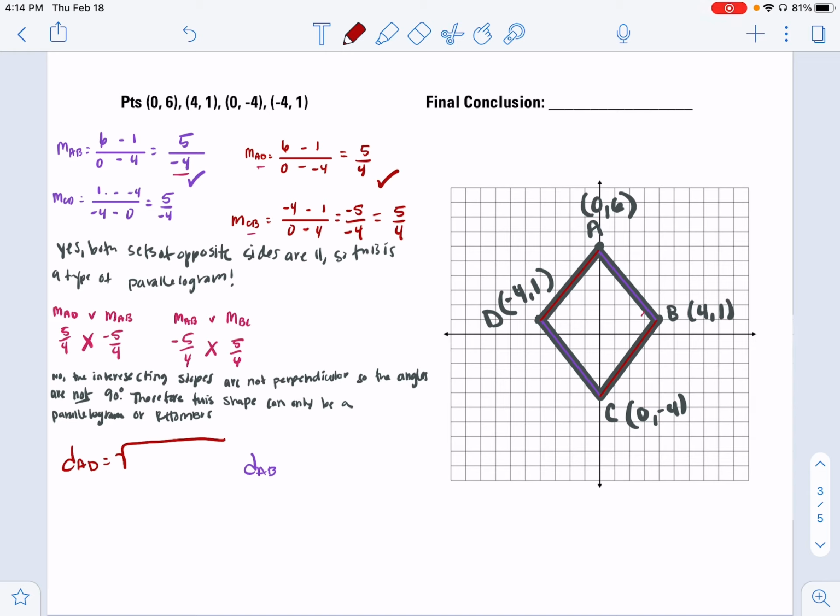So for AD, my change in X is between 0 and -4, that's 4. My change in Y is between 6 and 1, that's 5. That's going to give me 16 plus 25, which gives me 41.